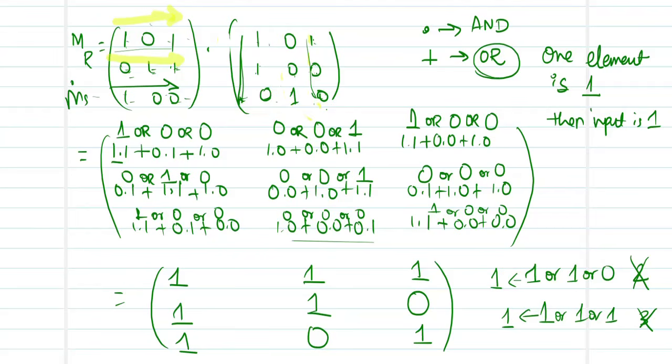So whether you have one 1, or two 1s, or three 1s, the marked entry is always 1. In all the other remaining cases where you have all the three of them to be 0, then the marked entry is 0. This is how we do a matrix multiplication. I hope the working was clear.